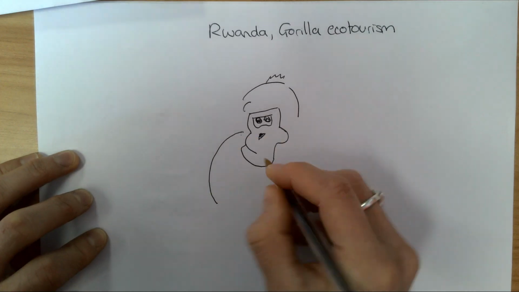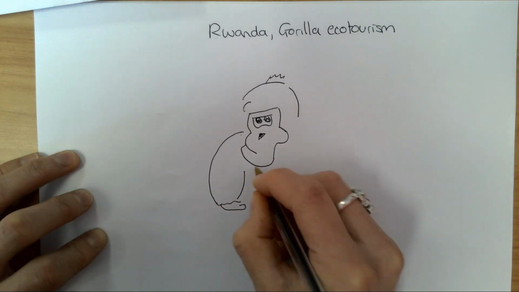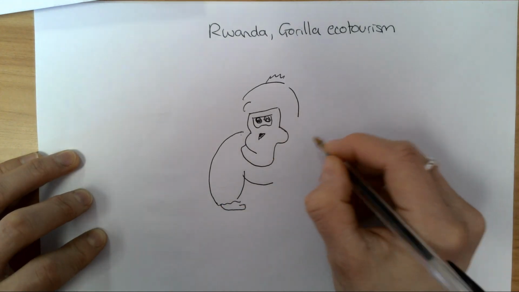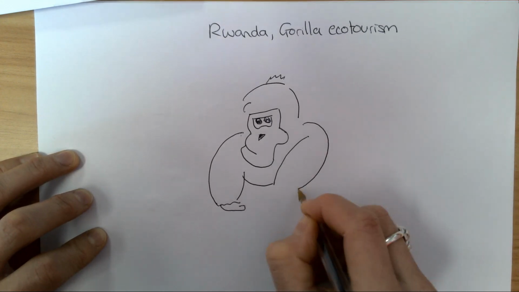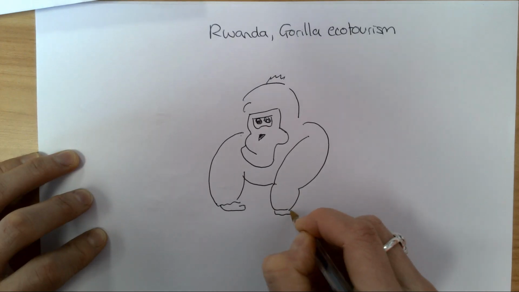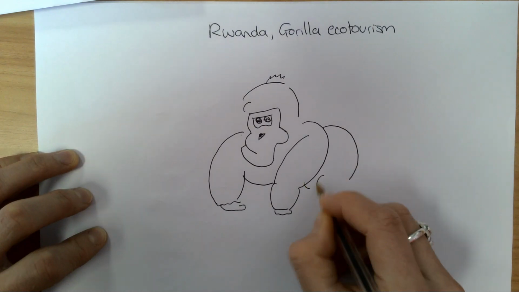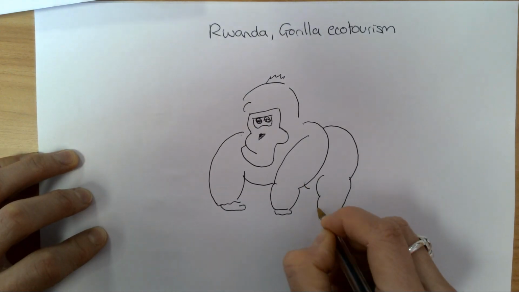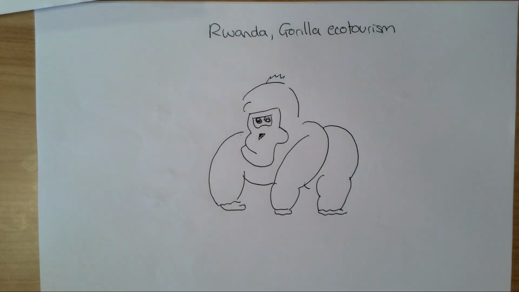And gorillas, these are very large, majestic creatures that we're drawing here. And they are the main attraction of the ecotourism in this location of Rwanda. So there we go, there's our gorilla.